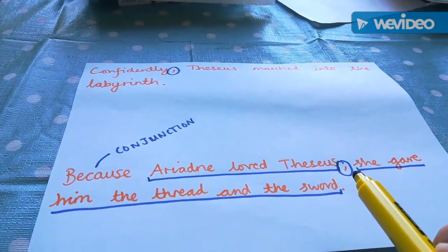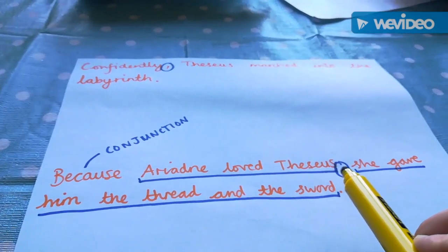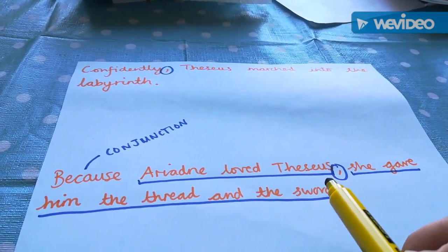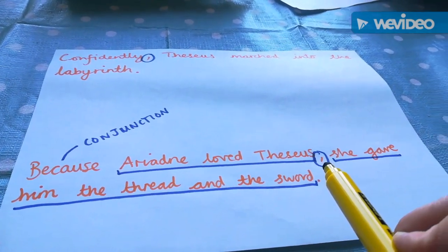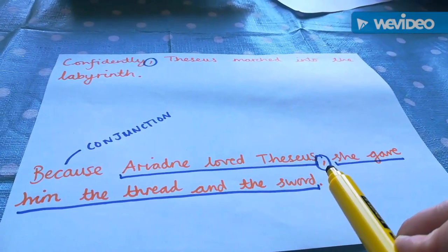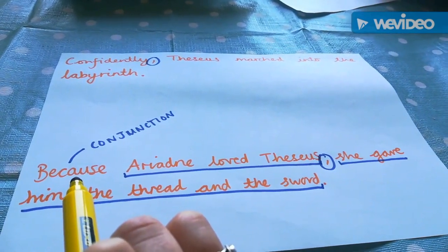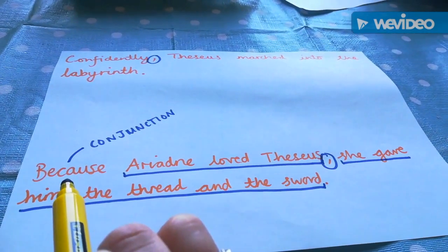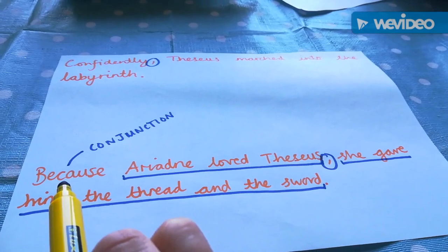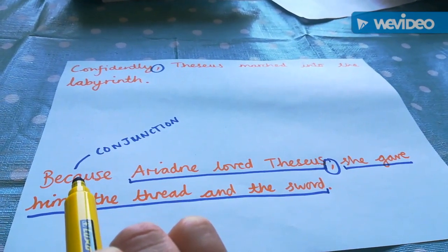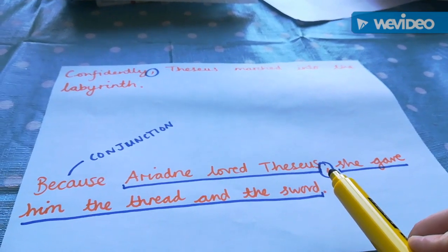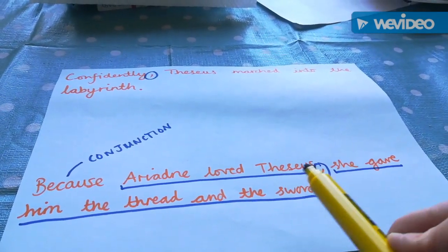You will naturally pause between those two parts of the sentence, those two clauses. So that might be a good way if you're finding it a little bit trickier to know where that comma should go in the sentences that start with conjunctions. So it is a bit of an extra challenge, but if you can, it would be great if you could go back to your sentences that start with conjunctions and see if you can add in the comma that goes between the two clauses.